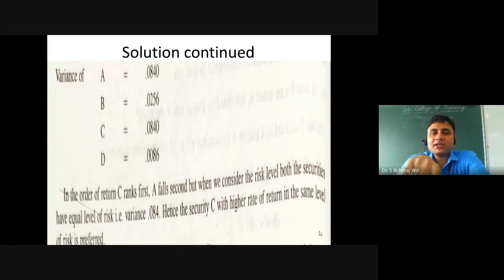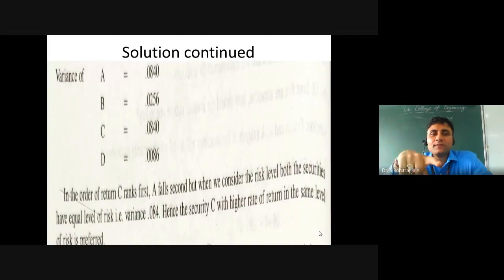I have mentioned only the variance of A, B, C, and D. So in the notes, you have to calculate the standard deviation also. How do we calculate the standard deviation of security A? Square root of 0.0840, which is equal to 0.289. In the next table over there, please mention the standard deviation of each security.